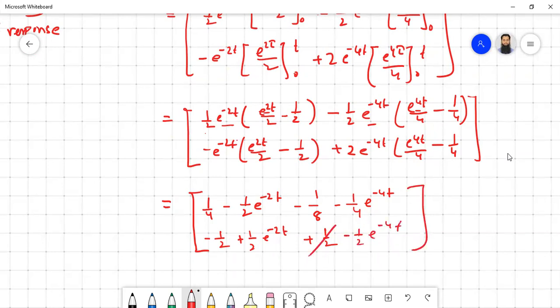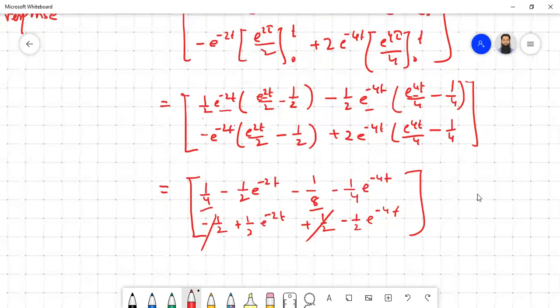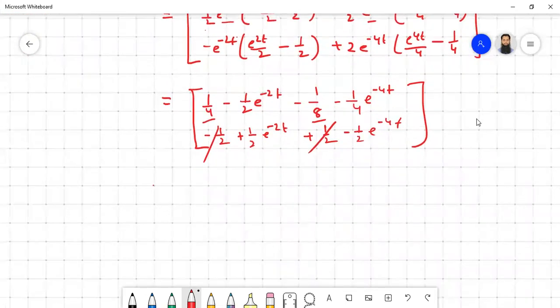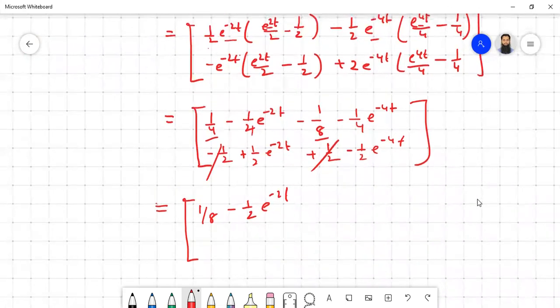So as you can see, this one and this one are getting cancelled out, and if we subtract 1 by 8 from 1 by 4, we'll be left with 1 by 8. So what we are going to see is 1 by 8 minus half e to the power minus twice t. I'm sorry, 1 by 4, because actually half and half will be multiplied. So 1 by 4, then minus 1 by 8.